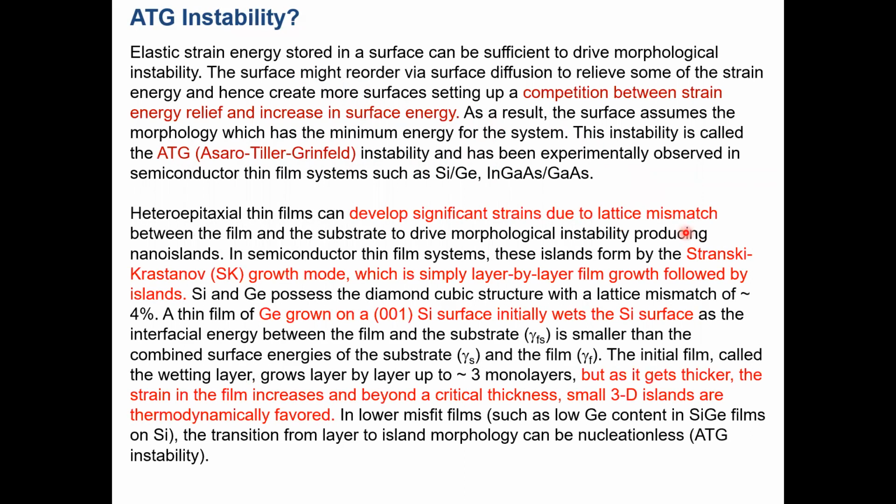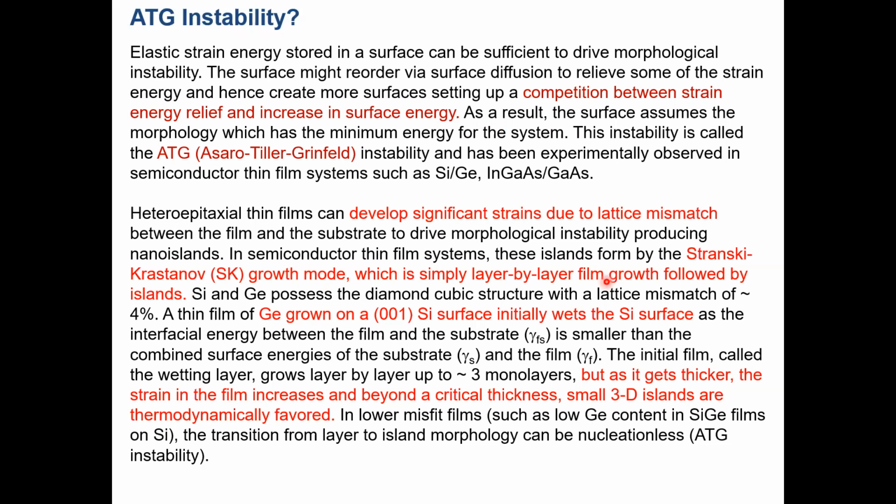And the other thing that people see in thin film semiconductors is that significant strain can be developed due to lattice mismatch between the film and the substrate, and Stranski-Krastanov type growth mode, which people see in semiconductor thin films, which is simply layer by layer film growth followed by islands.